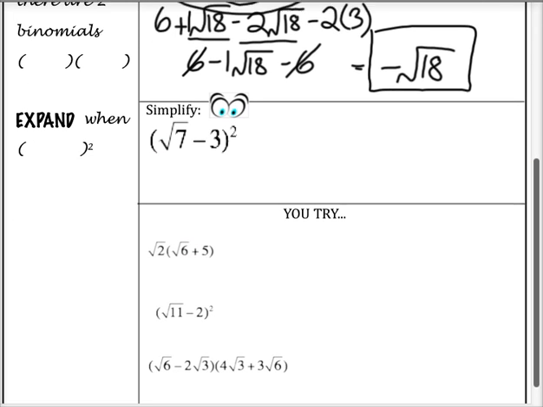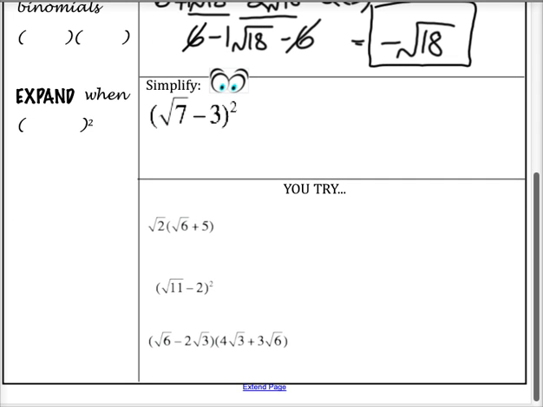All right. Let's take a look at our next one. Now, when we have a parentheses squared, hopefully you remember, we introduced this way back in chapter 8. When you have a binomial squared, the best thing to do, oh, I'm sorry, I began writing that wrong.